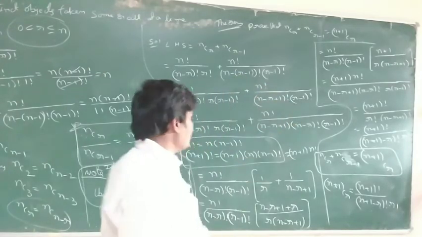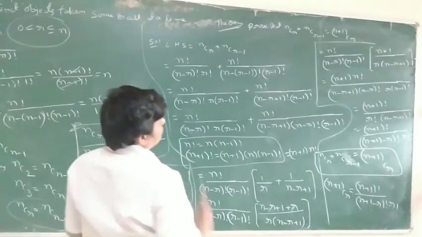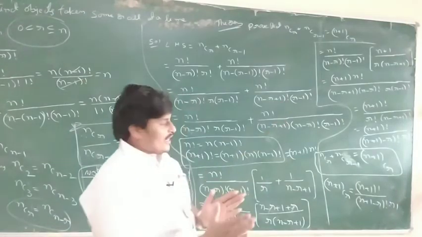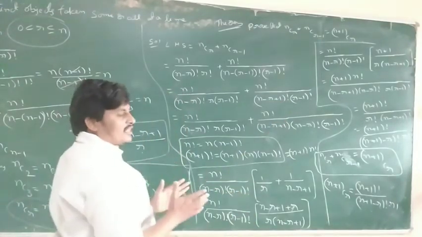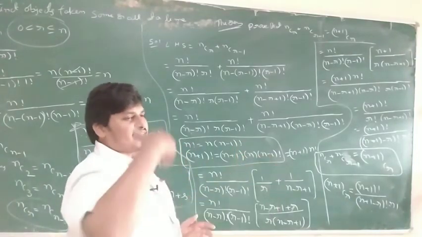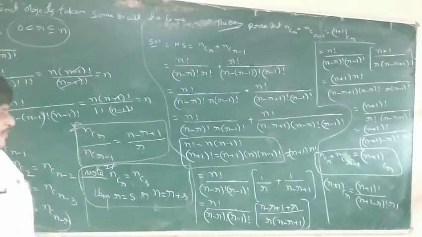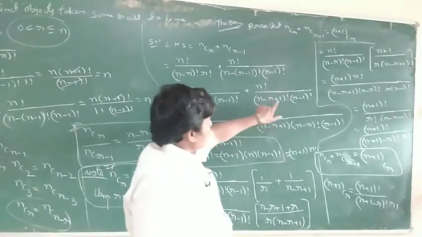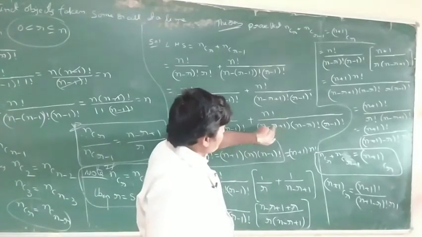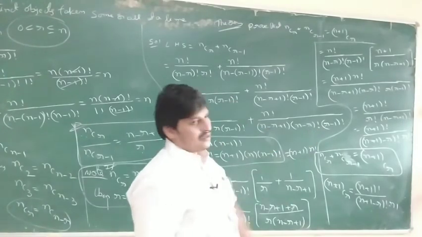Again, n factorial by (n minus r) factorial. n factorial is equal to n into (n minus 1) into (n minus 2), decreasing by 1. So (n minus r plus 1) factorial is equal to (n minus r plus 1) into (n minus r) factorial.